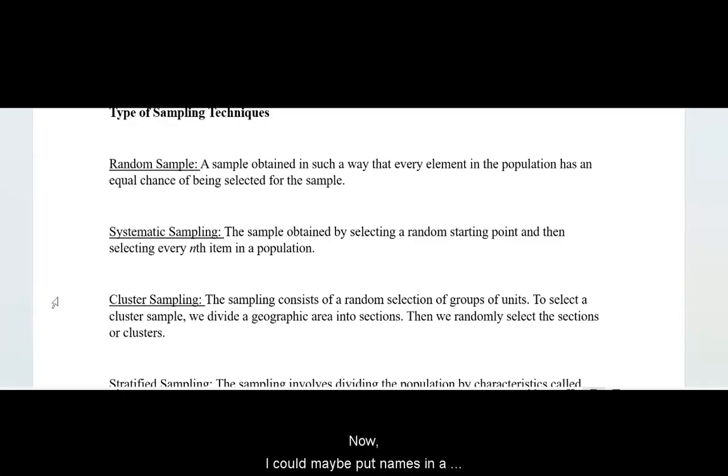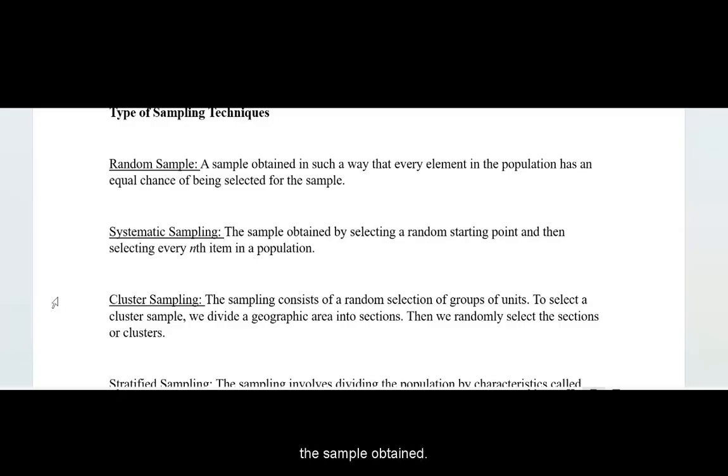I could put names in a hat and then without looking, randomly pick those. Or there are random number generators that you can just pull up from your phone. And so I could have every student assigned by a number and then have a random number generator just randomly choose those students.